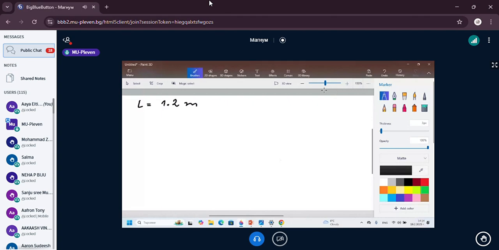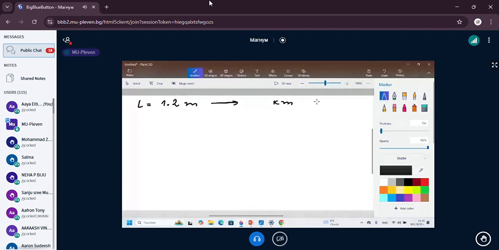So the question is, change this into, for example, kilometers. Is it possible? Of course, yes. And how to do this?